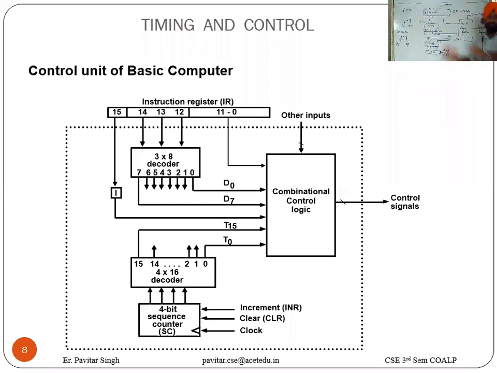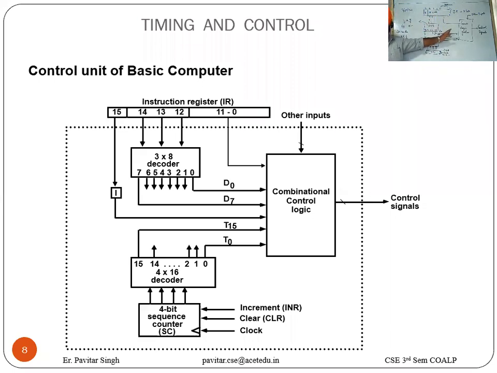Because we have used multiple hardware components like decoder, instruction register, sequence counter, and gates. So here we have combinational logic gates. We have multiple gates present in this circuit, right? It can be AND gate, OR gate, NOR gate, XOR gate. Am I clear? Right? So I hope the concept is clear to you.